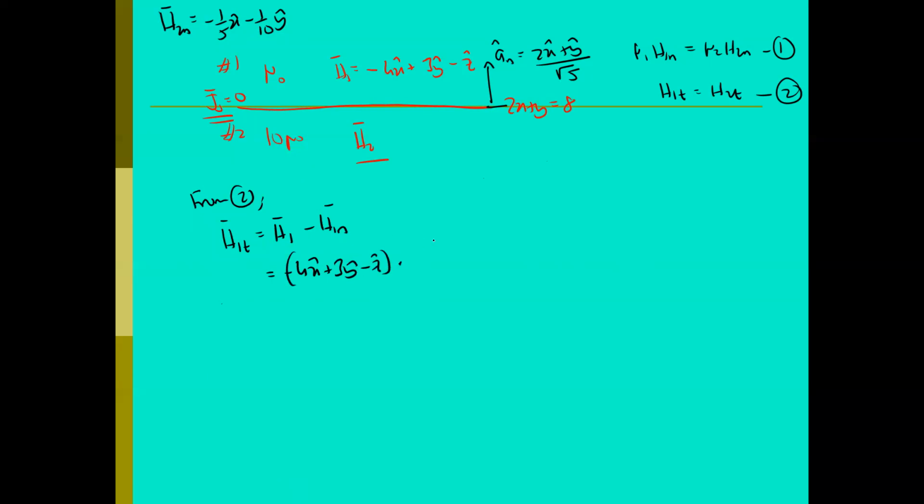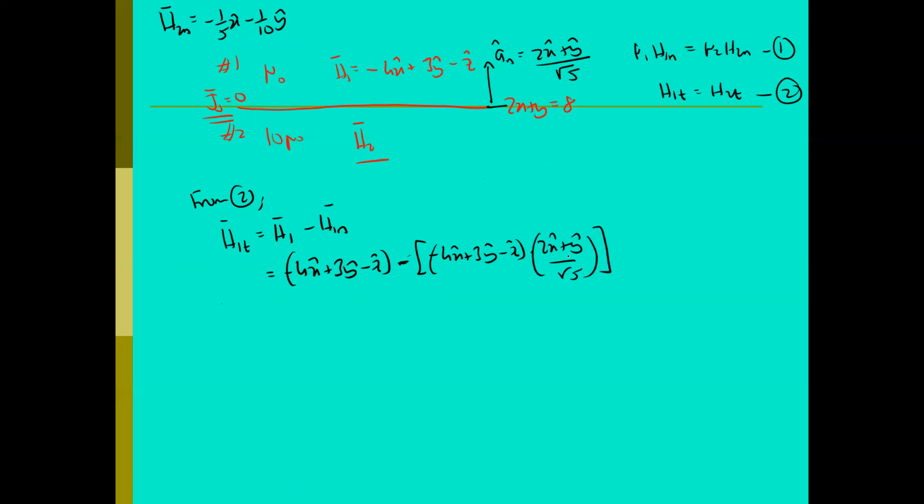And H1n vector, if we can recall just now, shall be equal to -4 of x plus 3 of y minus z dot product with the normal vector, which is 2 of x plus y over root of 5.